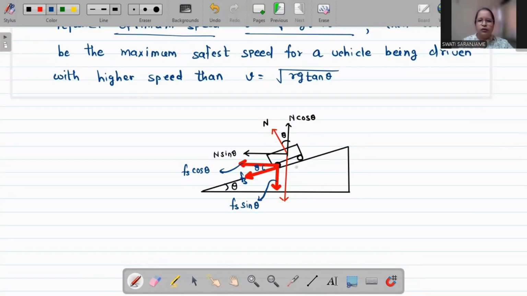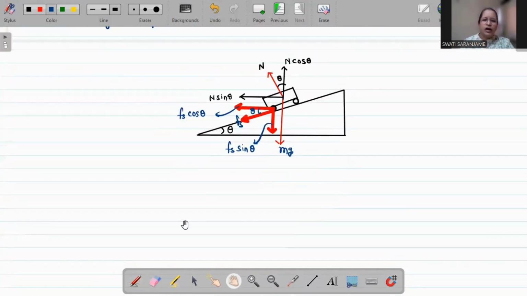What does this arrow represent? It represents the weight of the car acting vertically downward. So seeing this diagram, we have two equations. mg, the weight, is balanced by N cos theta and Fs sin theta, but both these forces are oppositely directed.